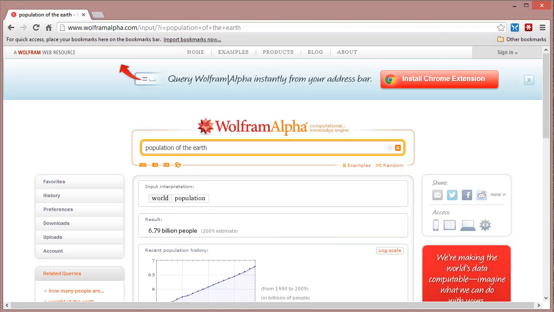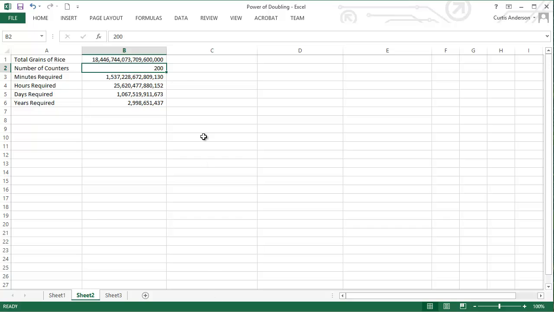All right, so let's say we had that many counting machines. 6.79 billion. Okay. Well, now we're in pretty good shape. 88 years, we can knock it out. All we have to do is get one counting machine for every human being on the planet.